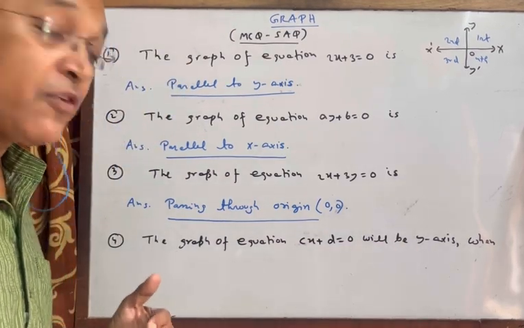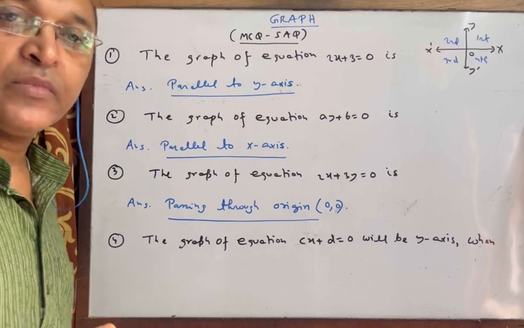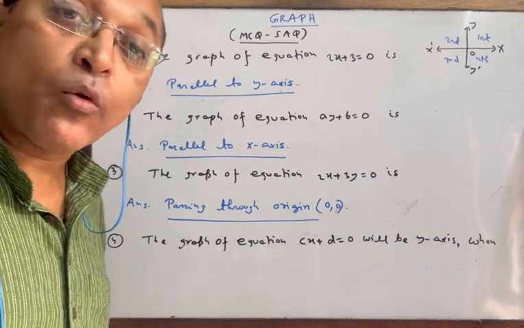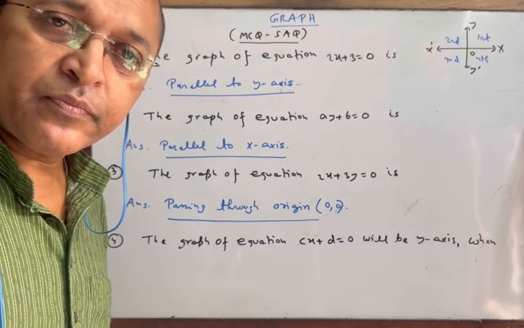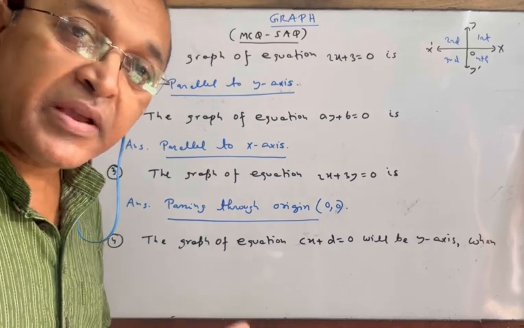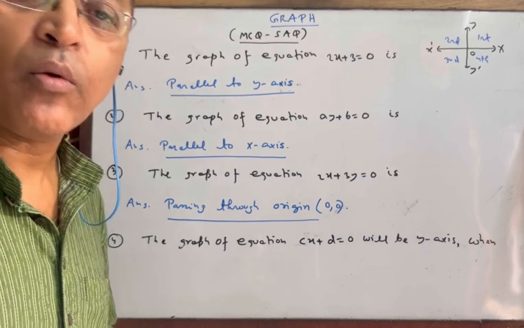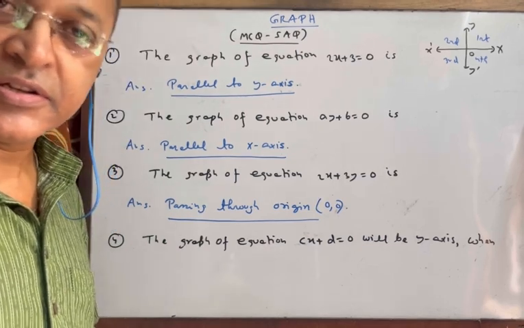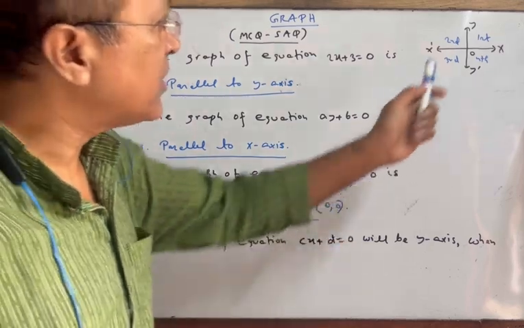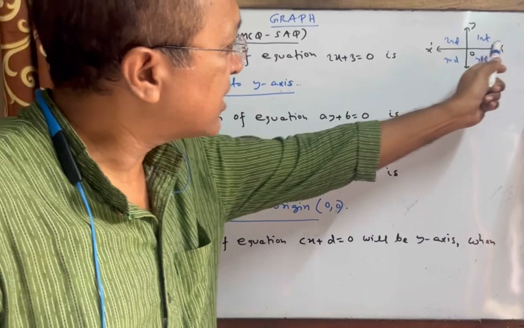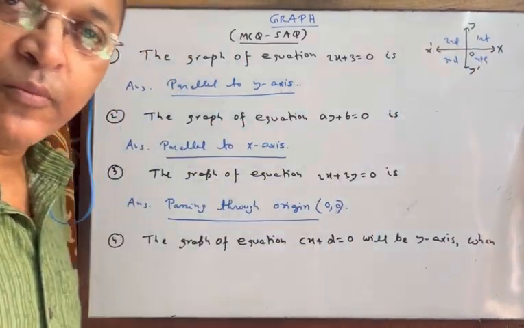So this particular graph has to be the y-axis. Then what is the condition of being the y-axis? Y-axis means x is equal to 0, isn't it? This one is the y-axis, that is x is equal to 0. X-axis means y is equal to 0, right?